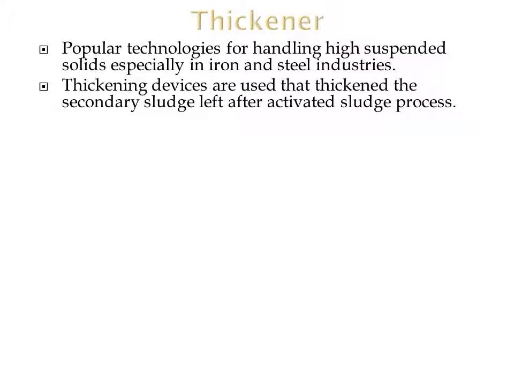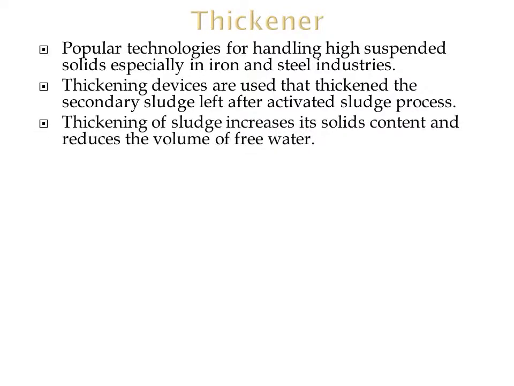That means after the activated sludge process, the sludge that settles at the bottom, termed secondary sludge, is thickened by the thickening device, which increases the solid content of the sludge and reduces the volume of free water in it.